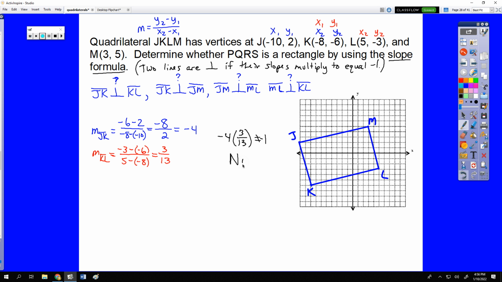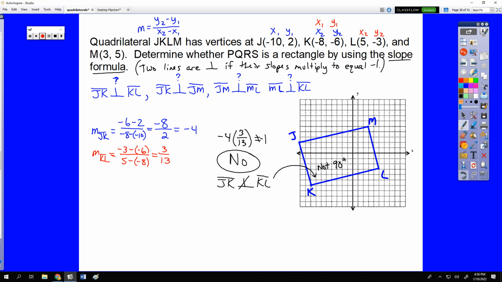Which means the answer here is no, because that means that JK is not perpendicular to KL. And if JK is not perpendicular to KL, that means this is not 90 degrees, which means this is not a rectangle.